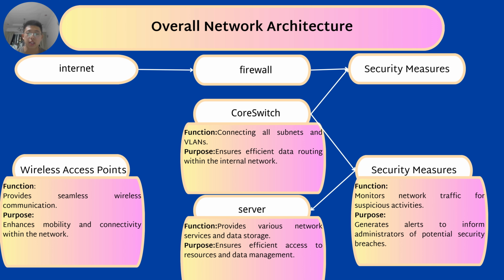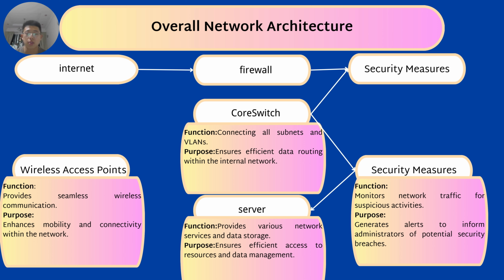The server is connected to the core switch, providing various network services and data storage to ensure efficient access. About security machines, to ensure network security, we have deployed IDS and IPS at critical locations.